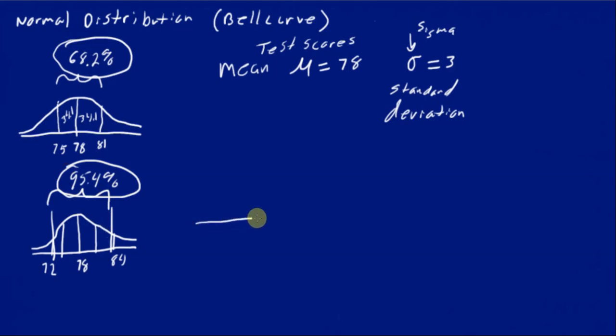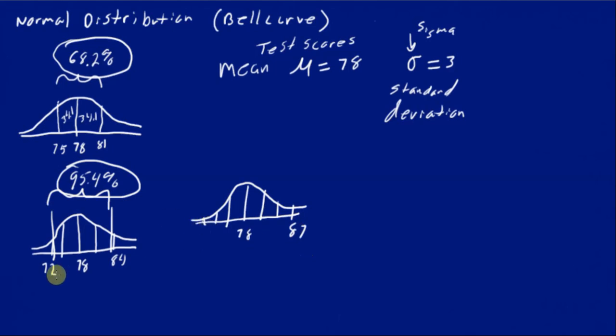And we'll go out 1 more standard deviation. So here's my mean of 78. 1, 2, 3. 1, 2, 3. So 3 standard deviations above the mean. We've got our 84. We're going to add 3 more to that, so we're out here at 87.